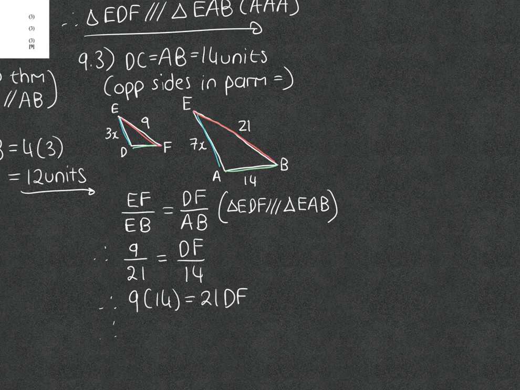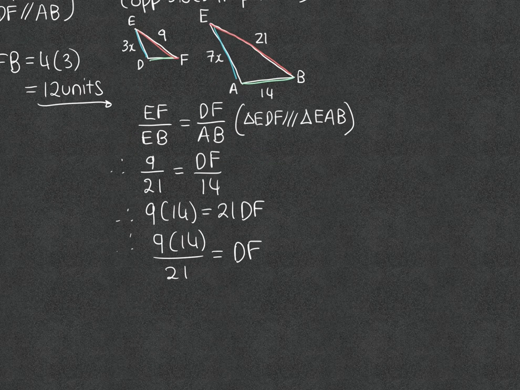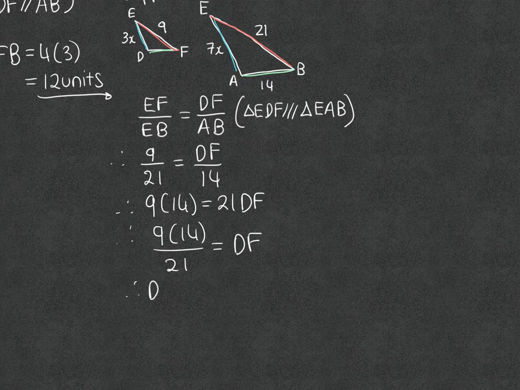We divide both sides: 9 times 14 all over 21 equals DF. So therefore, DF equals 9 times 14 all over 21, and that's 6 units.